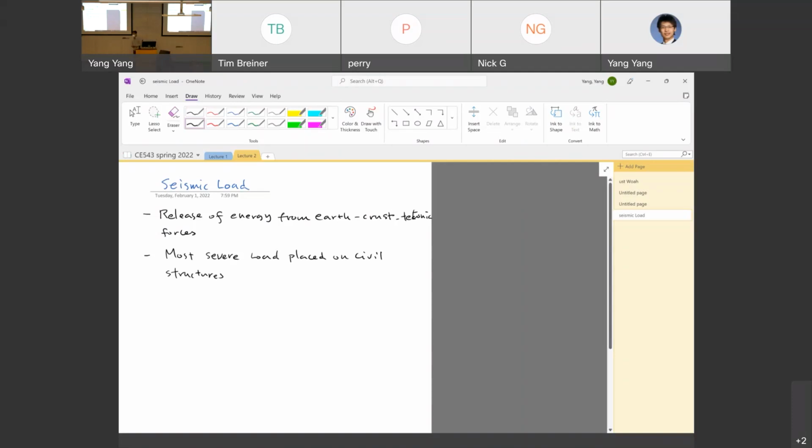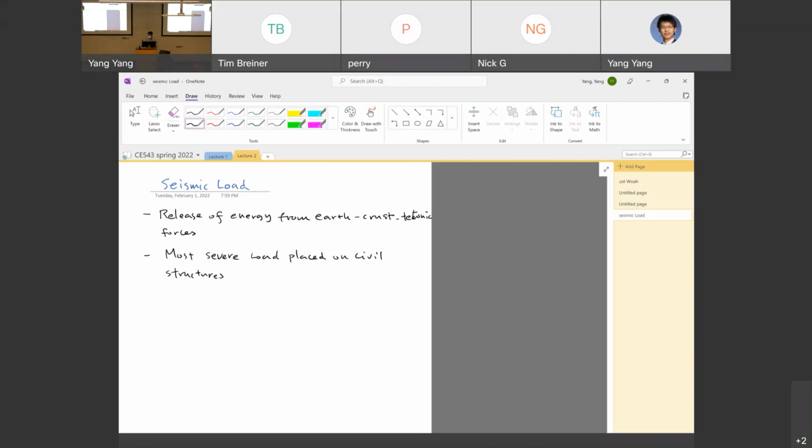Earthquake load can be very destructive, especially if the buildings are not well detailed. Before the 1970s in California, most of the buildings were not well detailed. Especially in the 1994 Los Angeles earthquake, bridges collapsed.